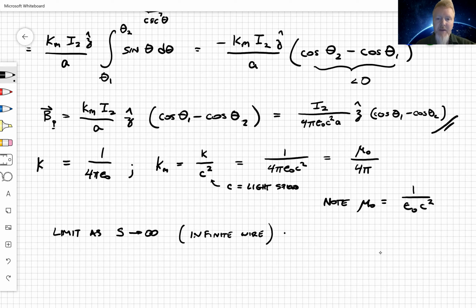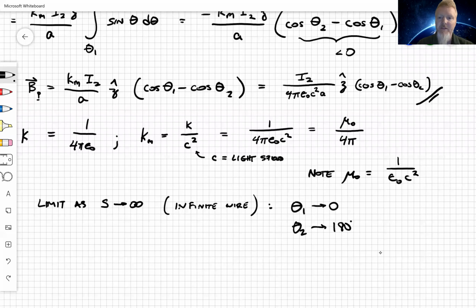So that means theta 1 becomes 0 degrees, theta 2 becomes 180 degrees. And that means that the cosine of 0 is 1, and cosine of 180 is -1, so it's 1 minus -1 in the difference of the cosines there.